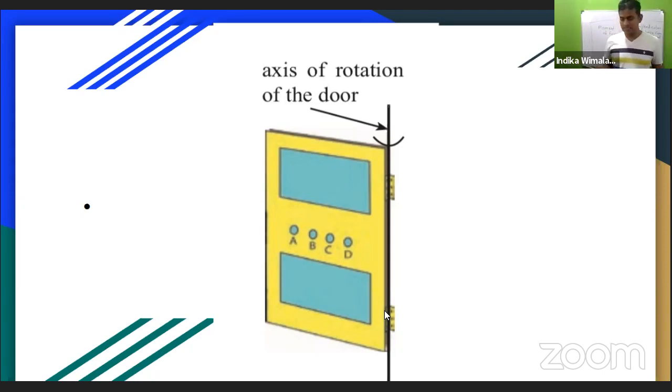Highlight this sentence: the tendency for rotation due to the action of a force is known as turning effect of force.